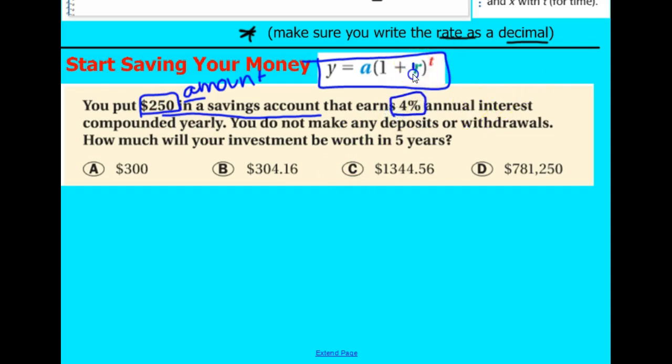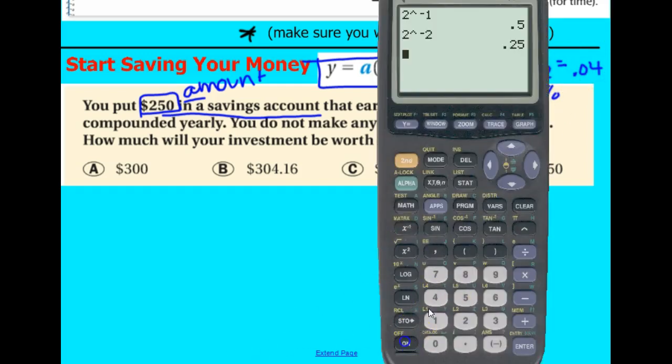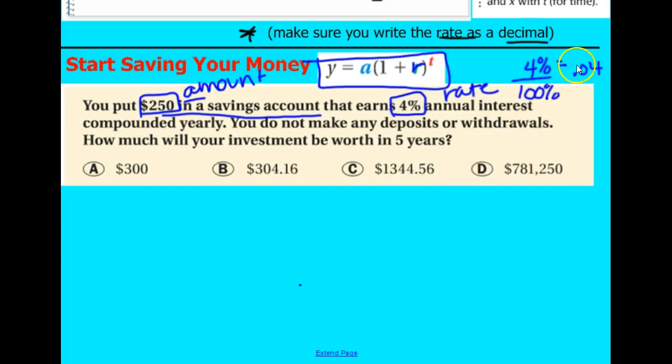Okay, our interest rate has to be written as a decimal. So 4% as a decimal is 4% out of 100%, which is also known as 0.04. You can plug that in your calculator, 4 divided by 100, it'll give you 0.04. So there's our rate. And it says it's compounded yearly.